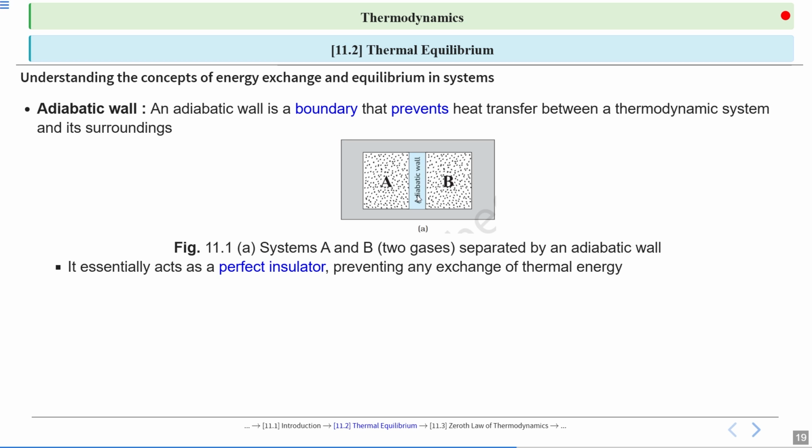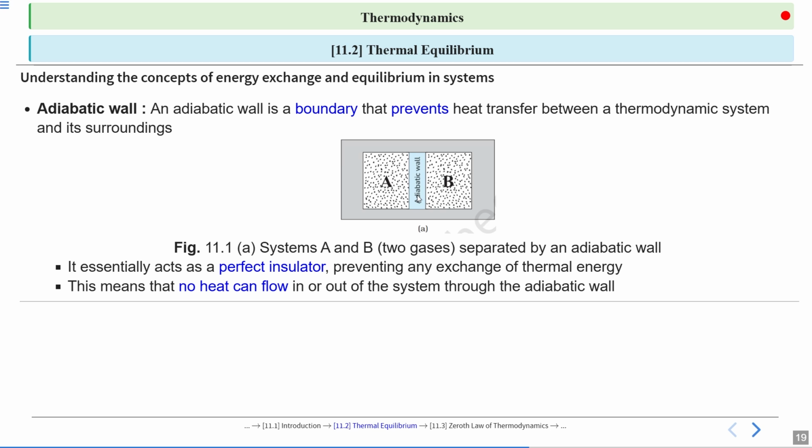Perfect insulator means no chance for heat to leak, preventing any exchange of thermal energy between the given systems. This means no heat can flow in or out of the system through the adiabatic wall. So in conclusion, we can say an adiabatic wall is a boundary that prevents heat transfer.